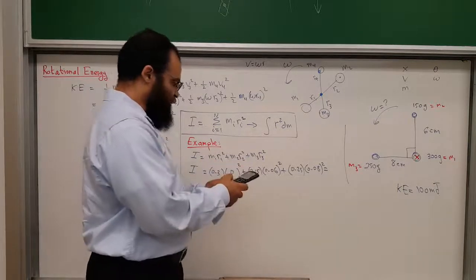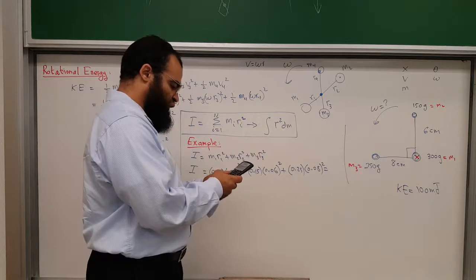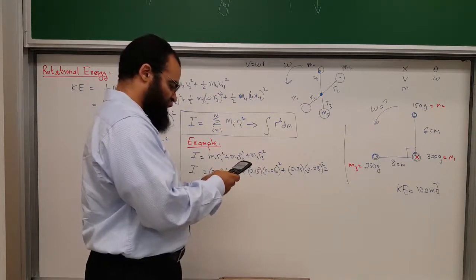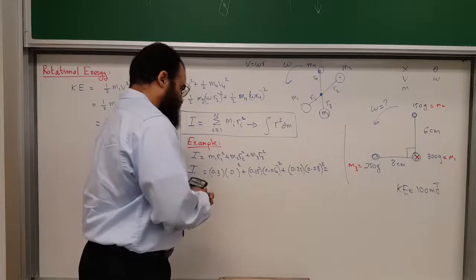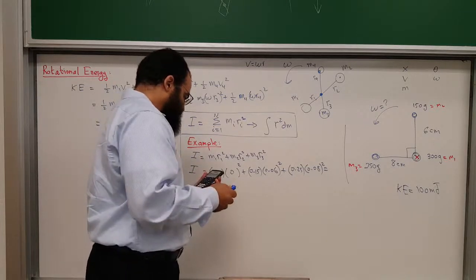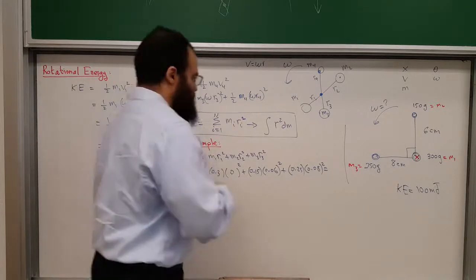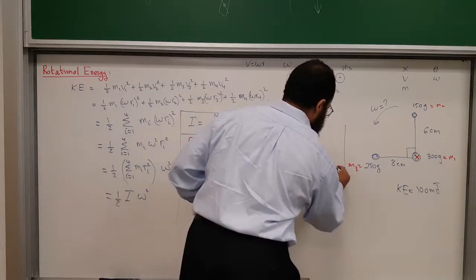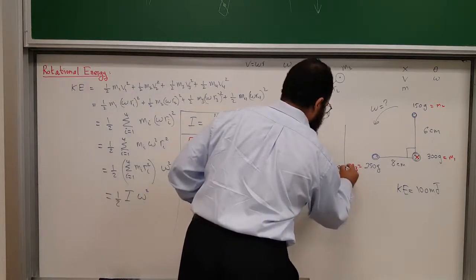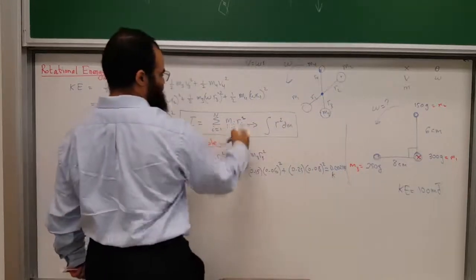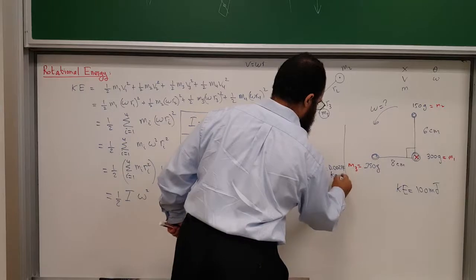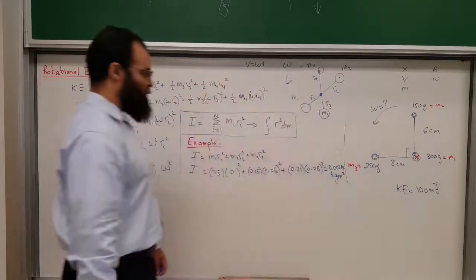So you have 0 plus 0.15 times 0.06 squared plus 0.25 times 0.08 squared. That gives me a moment of inertia of 0.00214, and the units, I forgot to mention them, are kilogram meters squared. Those are the units for moment of inertia.